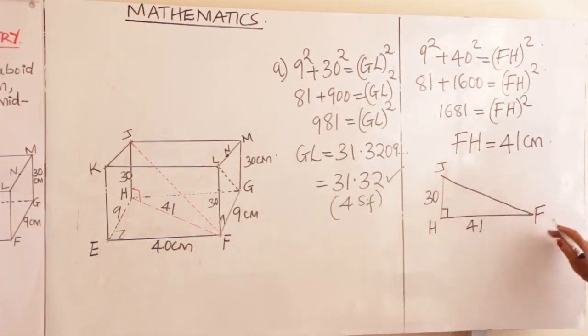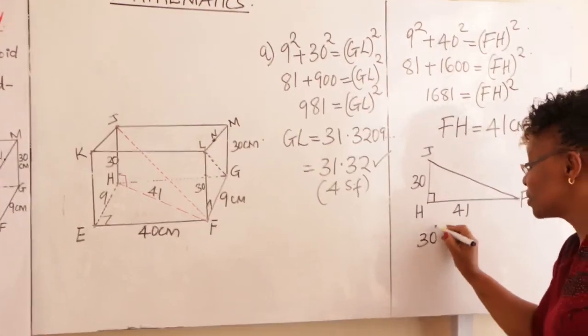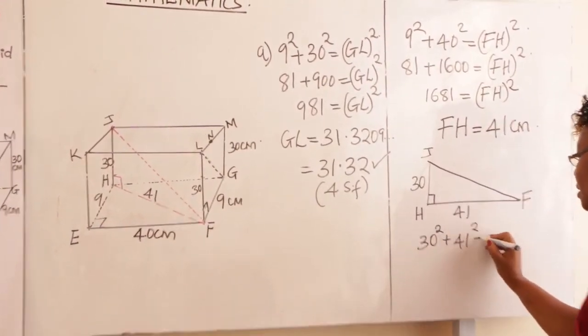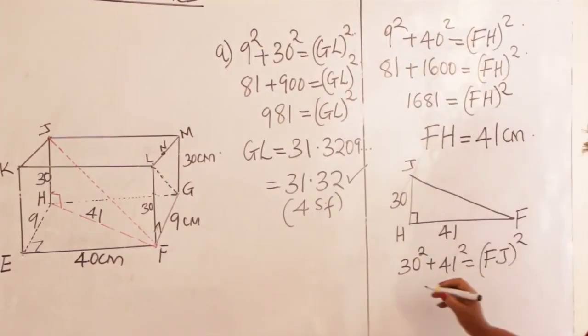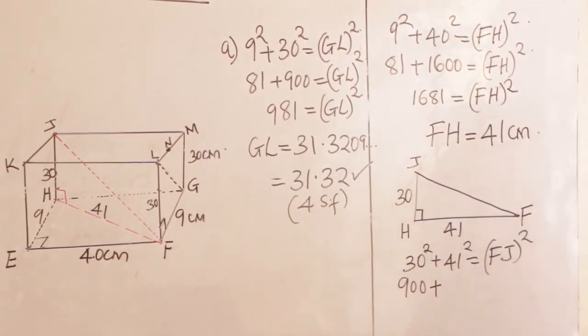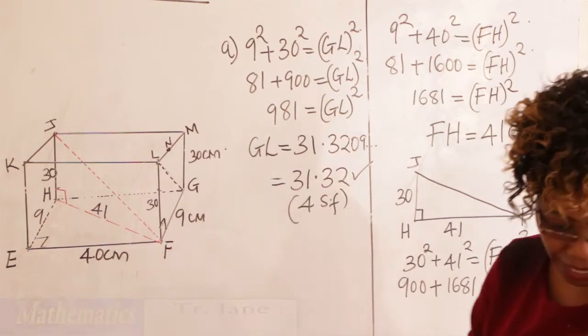So Pythagoras theorem again to get this hypotenuse. And therefore 30 squared plus 41 squared is equal to FJ squared. So this is 900 plus 1681 to give us FJ squared.